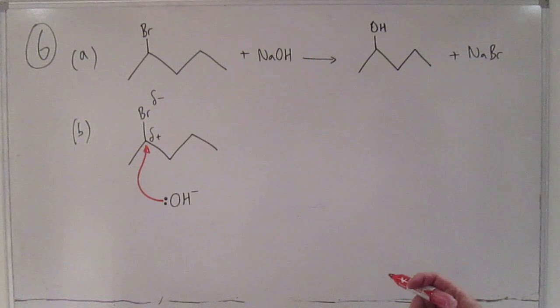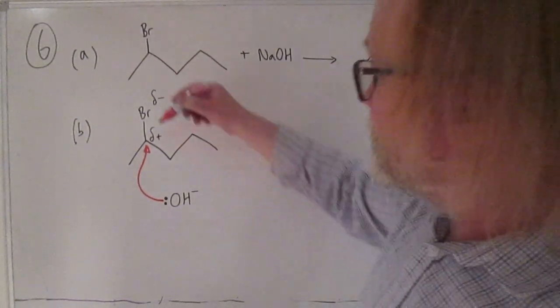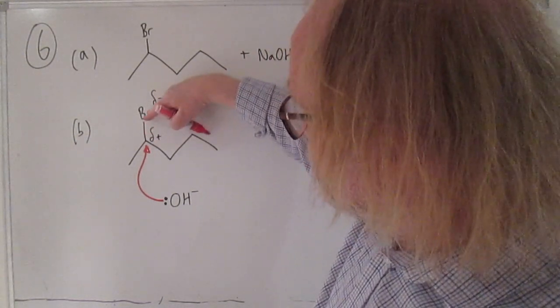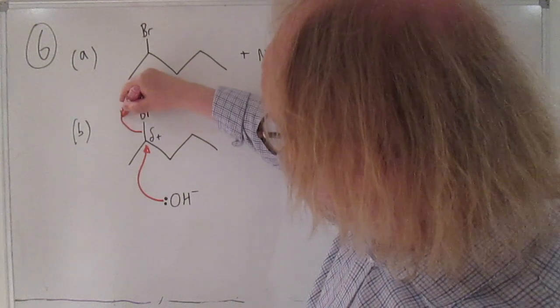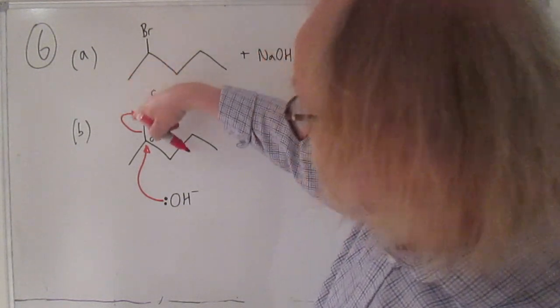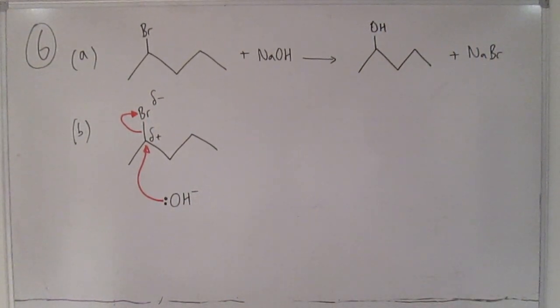So if one pair of electrons is coming in, it's going to push another pair away, and the one that's going to be pushed away is this one, the bonded pair between carbon and bromine, because that can then become a lone pair on bromine, allowing the bromine to leave as Br minus, and we know that bromine's quite happy as a negative ion, so that's a reasonable thing to happen.